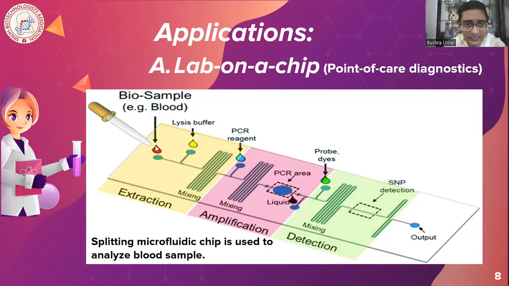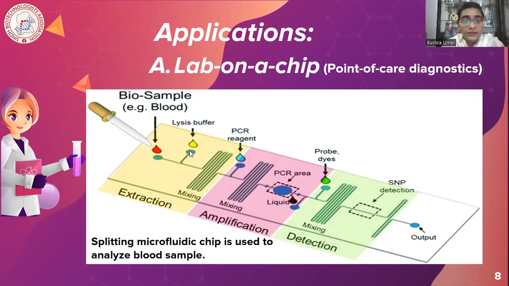See, this is the inlet from where the sample is introduced, and then reagents and buffers are used, and this is a multidimensional splitting microfluidic chip. As you can see, the splitting is mentioned here.